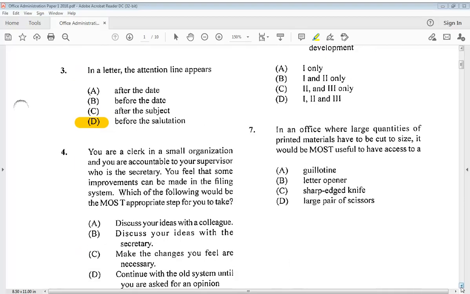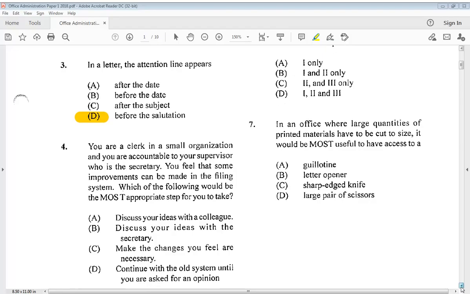You are a clerk in a small organization and you are accountable to your supervisor, who is the secretary. You feel that some improvements can be made in the filing system. Which of the following would be the most appropriate step for you to take? A. Discuss your ideas with a colleague. B. Discuss your ideas with the secretary. C. Make the changes you feel are necessary.